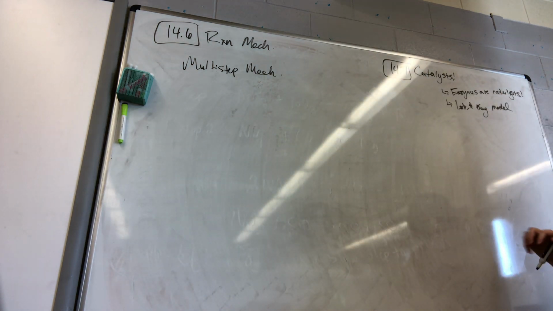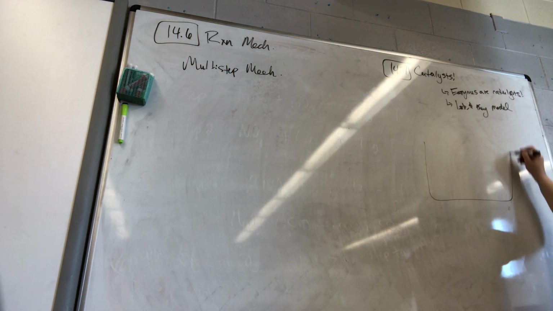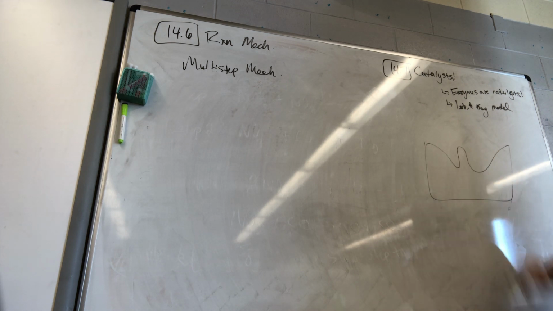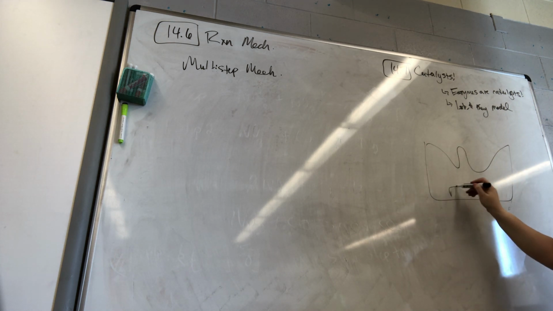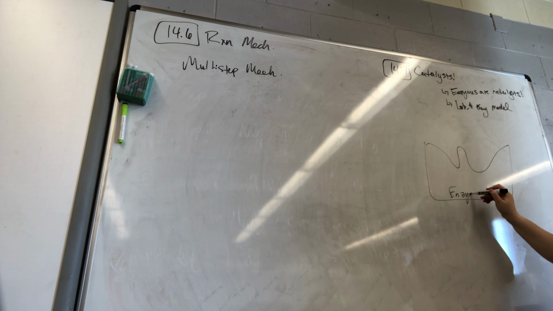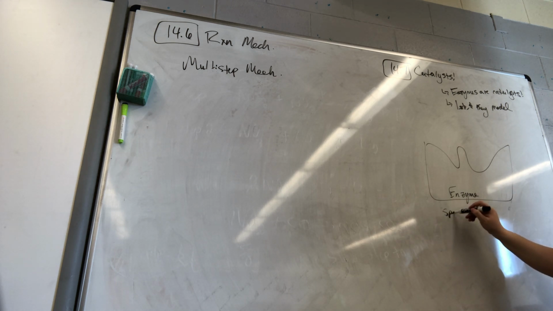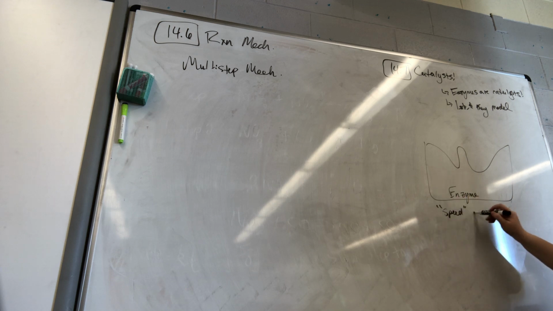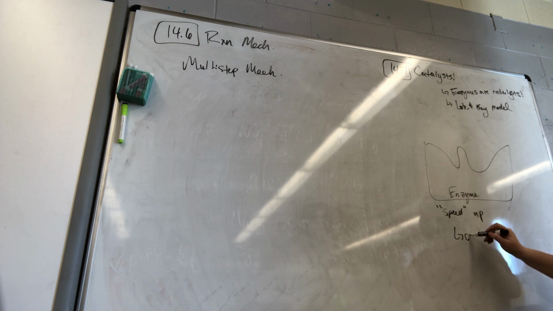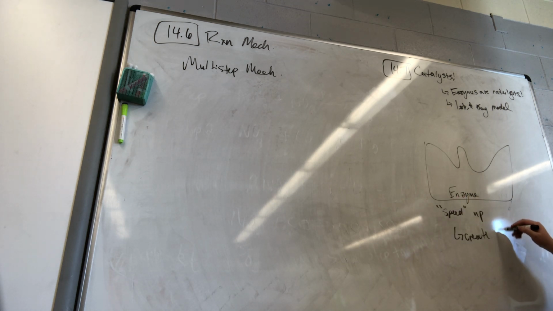Really what they are, okay? So let's say that this is my enzyme. Its job is to speed up a reaction, and by that I mean create a space dedicated for the reaction.